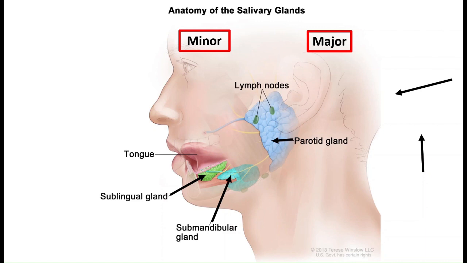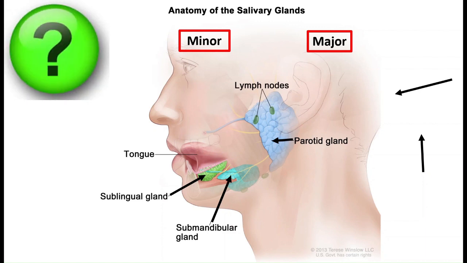These are the features of major salivary glands, and there are three pairs: the parotids, the submandibular glands, and the sublingual glands. While the minor salivary glands are little collections of glands spread all over the mouth.